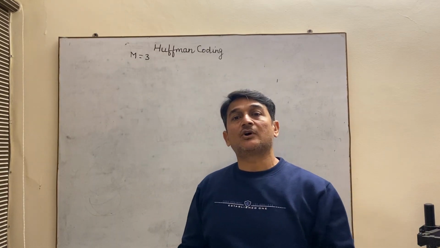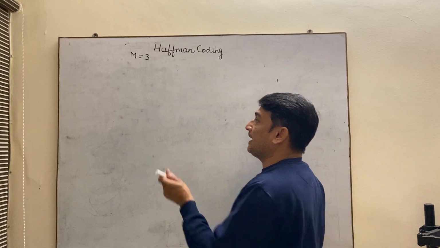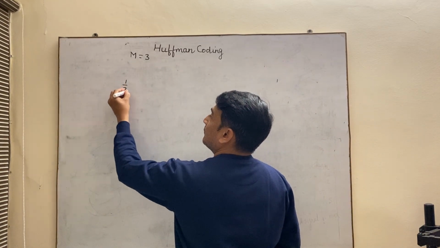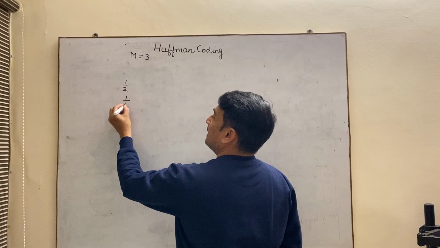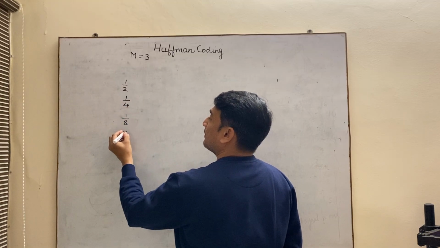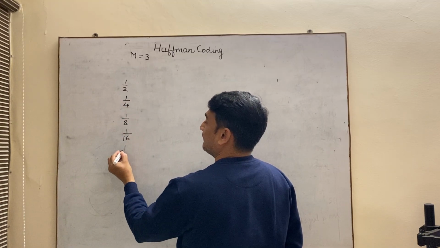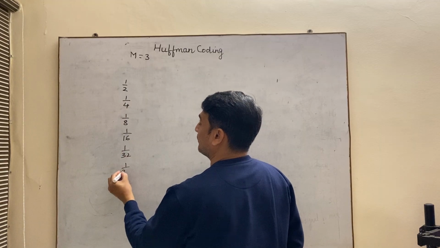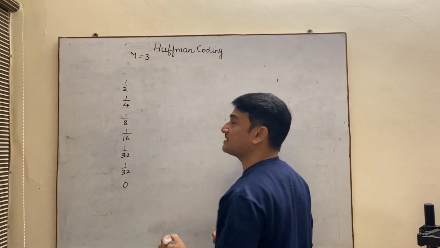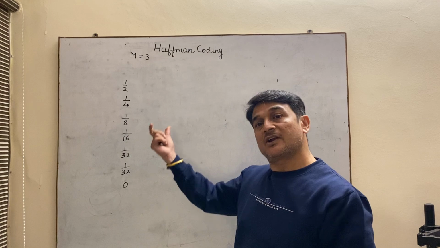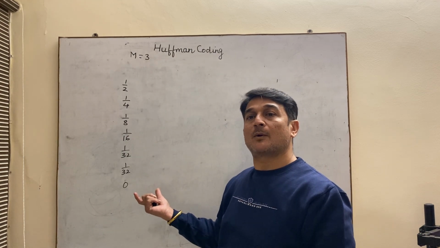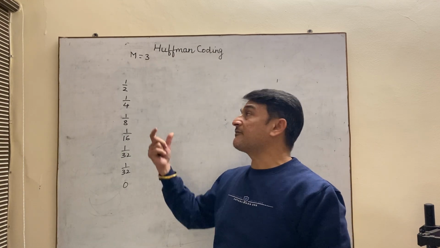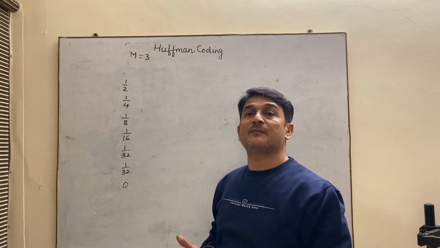So now we can solve this question by adding one more probability. Adding one more probability with 0 value does not make any difference in the calculation, but it will solve the problem which we are facing with an even number of messages.